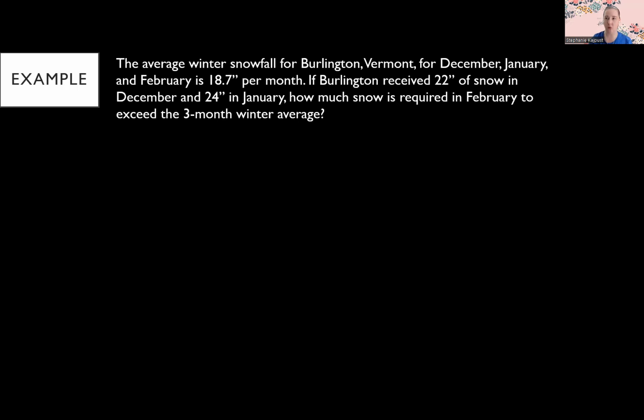So let's set that part up. We want to exceed, be more than the 3-month average. So that's 18.7. I can at least put that part there, that it's going to be greater than 18.7. Now, on the left, we're comparing the average of the 3 months to this 18.7. When you're thinking of inequalities, you're comparing things.